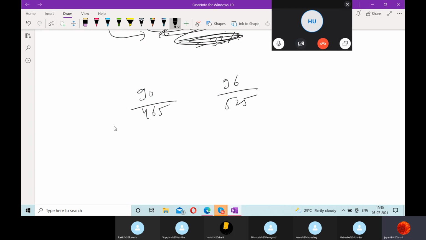Okay, now one more thing I'm asking you, please tell me. This is a very good basic, but whether that basic would work here or not is a problem.